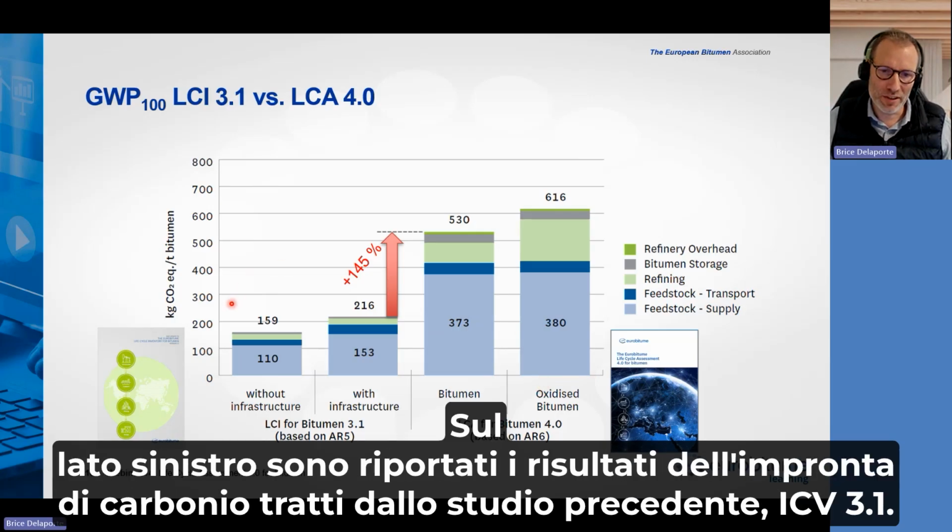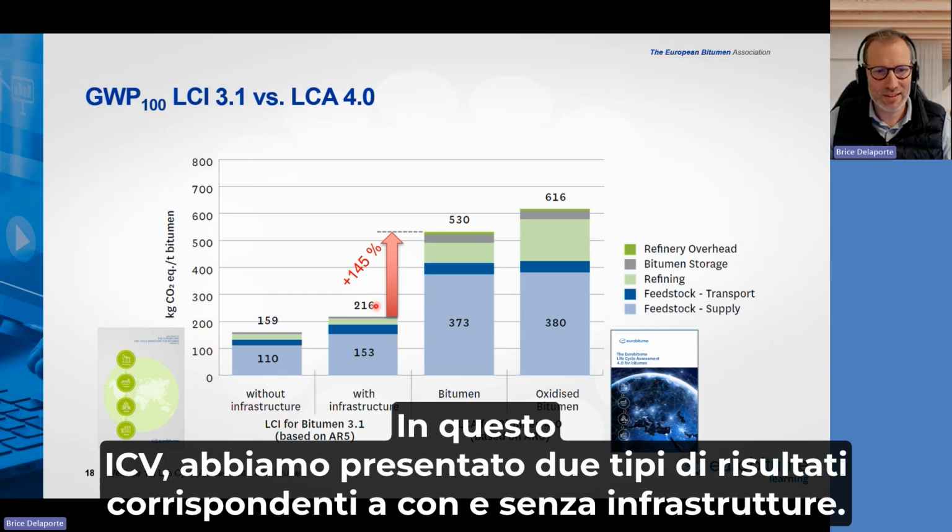And on the left-hand side, you have the results regarding the carbon footprint taken from the previous study, the LCI 3.1. And in this LCI, we presented two types of results corresponding to with and without infrastructure.